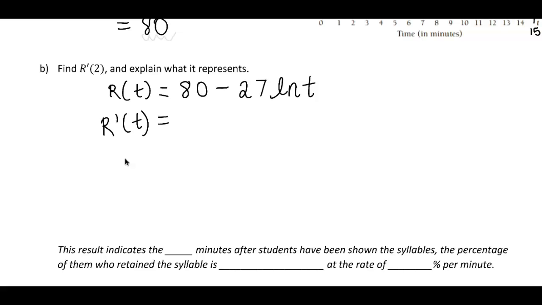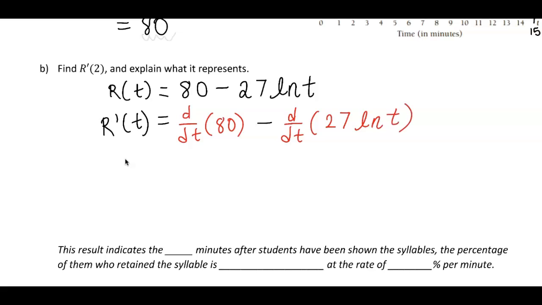Now, I will take the derivative of each of these one at a time. So, for example, what is d/dt of 80? And then I will do minus the derivative d/dt of 27 natural log of t. Okay? What's that going to be?